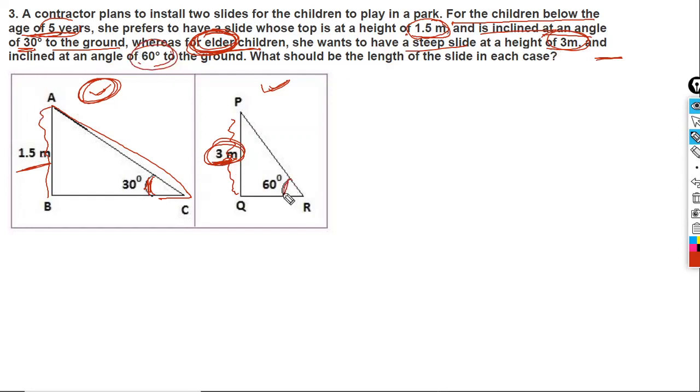Here the angle of inclination is 60 degree to the ground. What would be the length of the slide in each case? So what we have to find? We have to find the length of AC, the length of the slide for the children aged below 5 years, and the length of this slide, that means PR. So we have to find the length of the two slides separately.